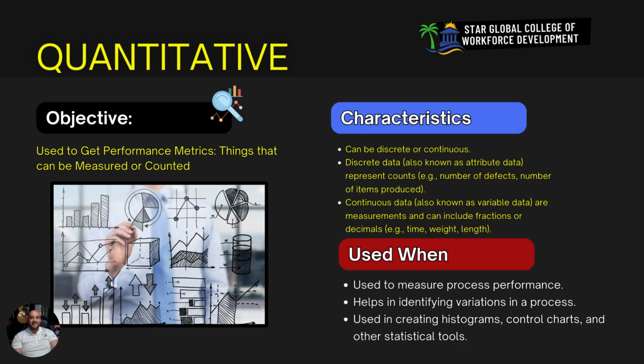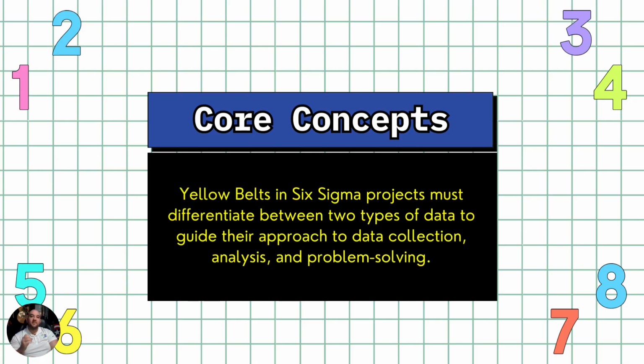Now, the core concept here for yellow belts, you need to be able to differentiate between what is quantitative data and qualitative data to guide your approach to data collection, analysis, and problem solving. If you have the right type of data and you understand it, then you can continually evolve and refine your process.